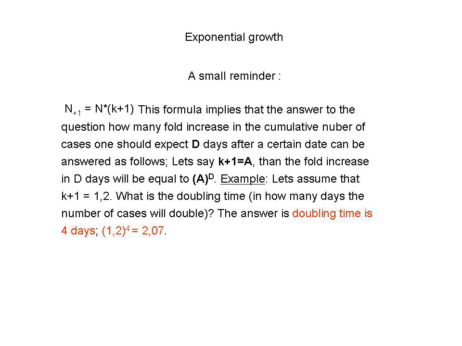And to find the number of cumulative cases 3 days later, you multiply this again with k plus 1, which gives you n times k plus 1 times k plus 1 times k plus 1. So as you can see, it is k plus 1 to the power of the days which will elapse.